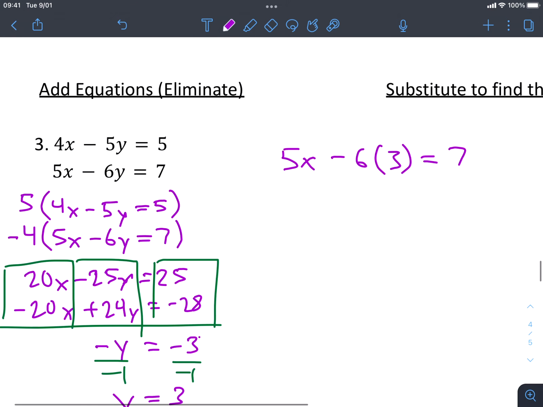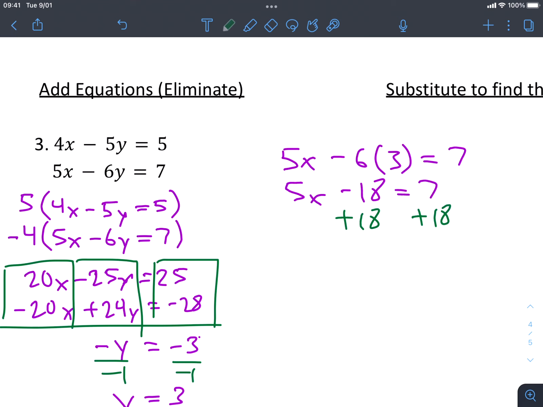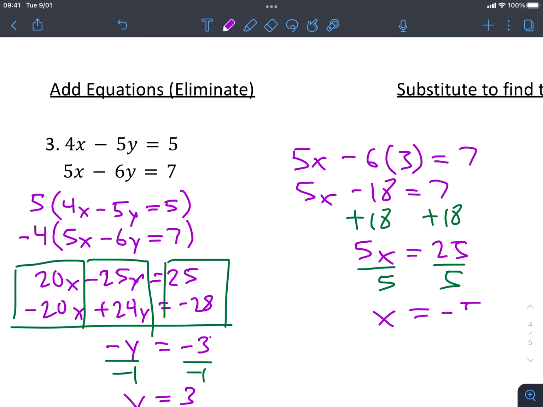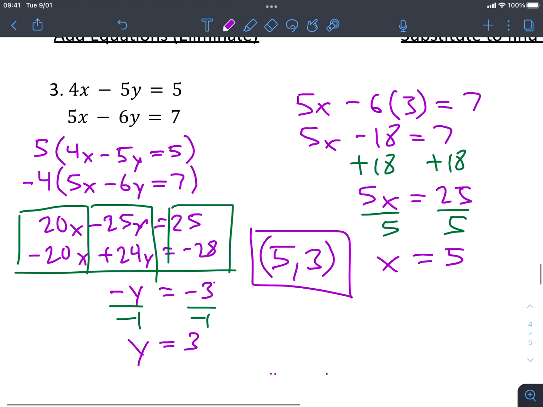So I get 5x minus 18 is equal to 7. I'm going to add 18 to both sides. So 5x equals 25. And then I would divide by 5. And x would be equal to positive 5. So our final result is 5, 3. That's the point where these two lines intersect.